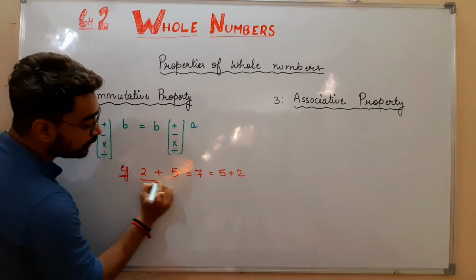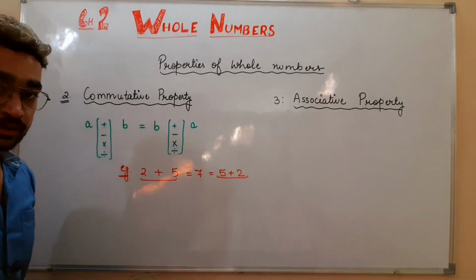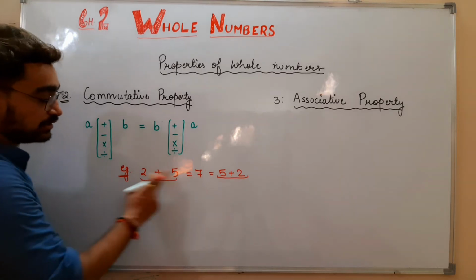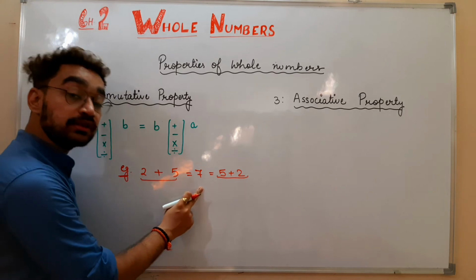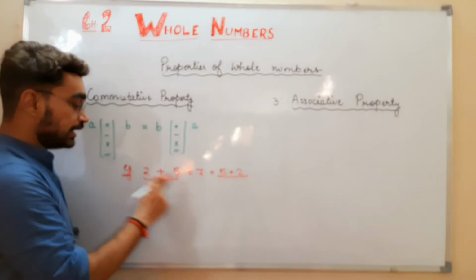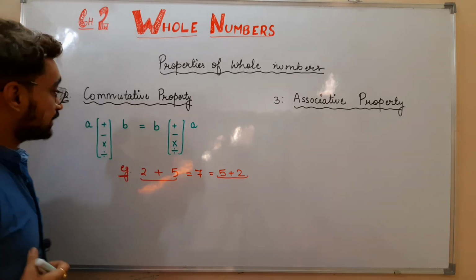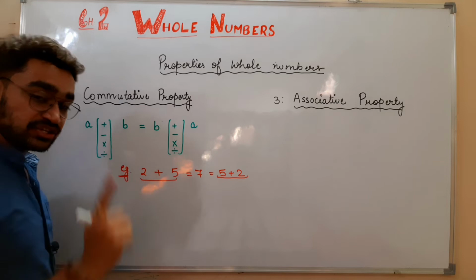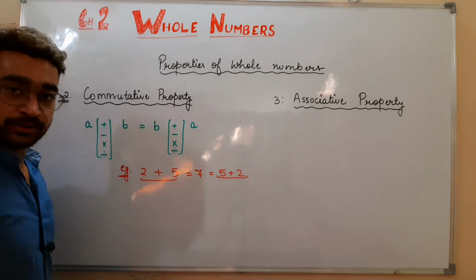So the order does not matter here. If we change the order, we get the same answer, because 2 plus 5 and 5 plus 2 both give 7. So we can say that whole numbers are commutative under addition. That is true, because under addition they follow the property.